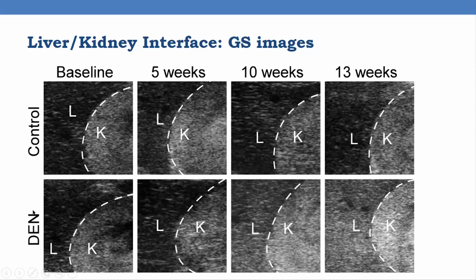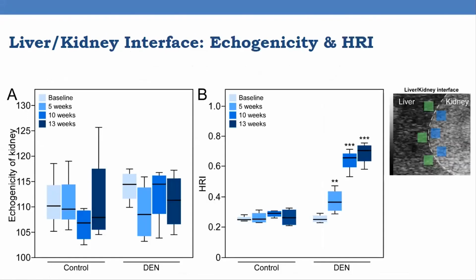But in the DEN-fed animals, initially at the baseline, liver is dark, but as time passes on, liver becomes brighter and brighter, and finally, the brightness of the liver after 13 weeks is comparable to that of the kidney.